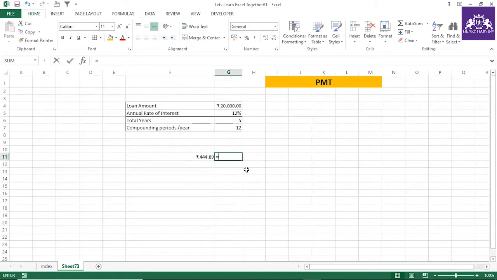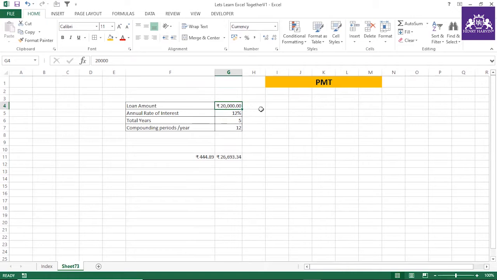If you multiply that by 60, for a 20,000 loan amount, I'm paying 26,693.34 rupees.